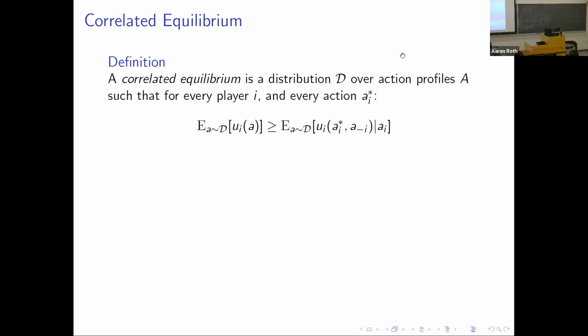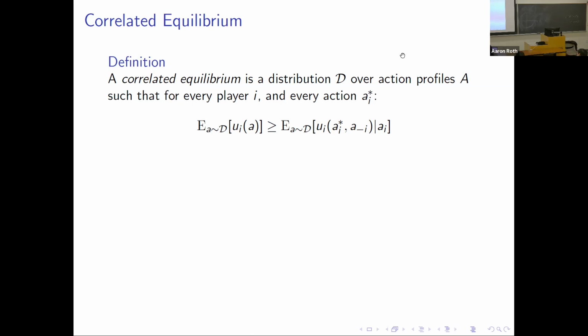But this is saying, if everyone else is following the recommendation, you should too. So it's a stable state in the same way that a Nash equilibrium is.